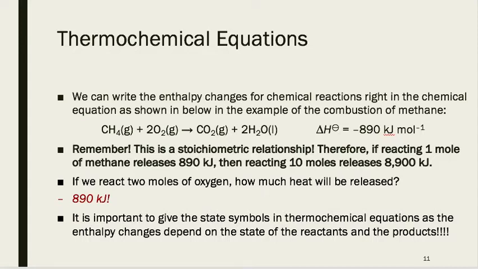It says negative 890 kilojoules per mole. Now, we can say if we react 2 moles of oxygen, how much heat will be released? It's going to be negative 890 because in our balanced chemical equation, that is how much oxygen is required, 2 moles.